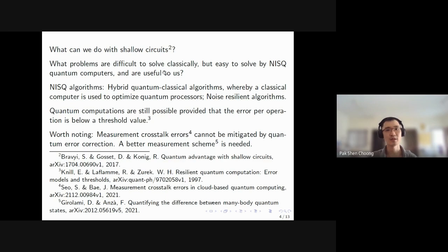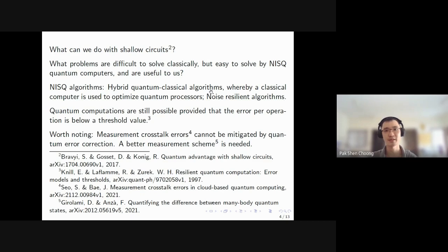How it works is that you provide an ansatz, and then you run your quantum circuits once, and then you measure the outcome. You use classical computers to optimize your results, and then you input back to your quantum computers, and then you run the simulations again, and so on.